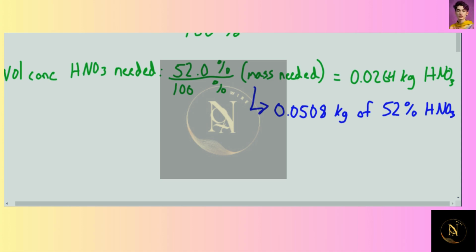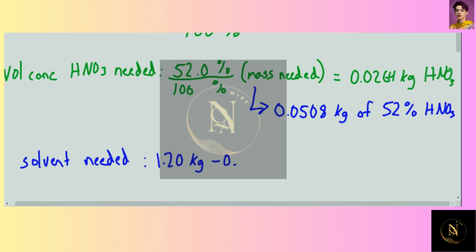So we know the mass that we need of the solution. The question is, what mass of solvent do we need? So solvent needed: our final mass should be 1.20 kilograms.